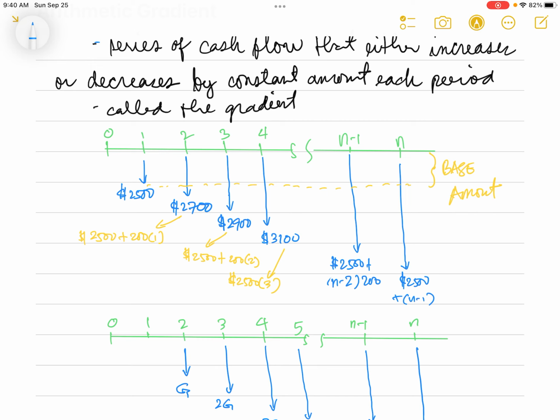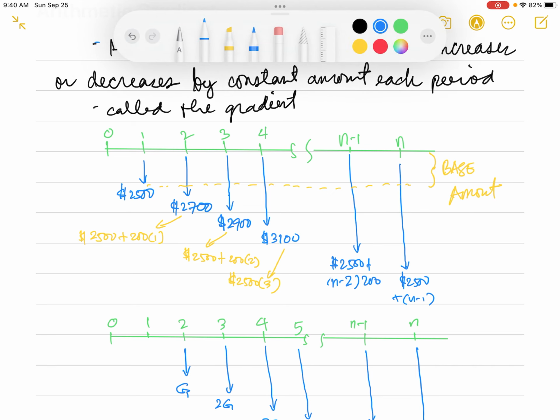So at the end of the nth period, you will have $2,500 plus n minus 1 times $200.